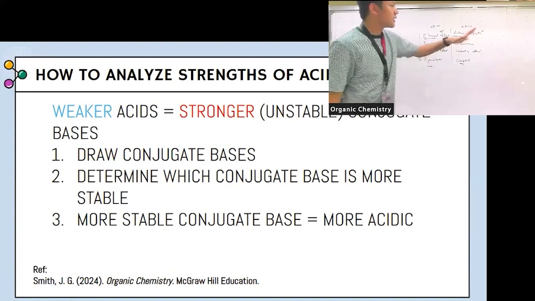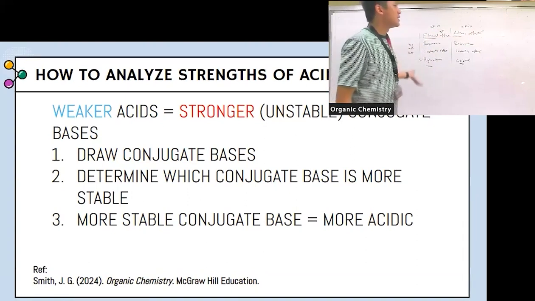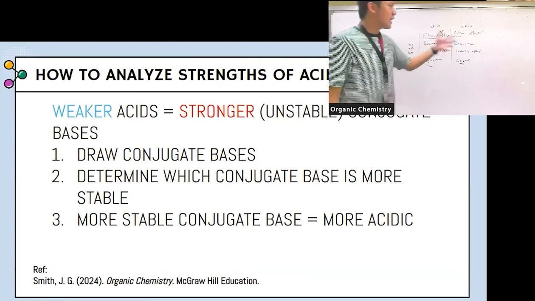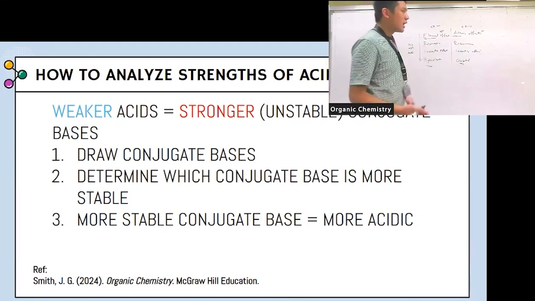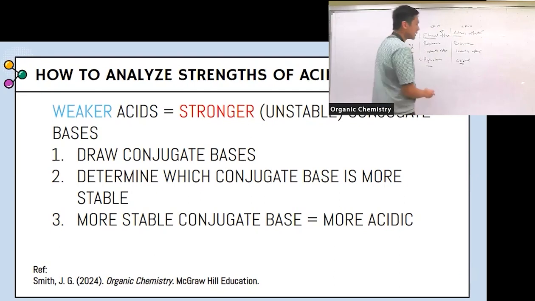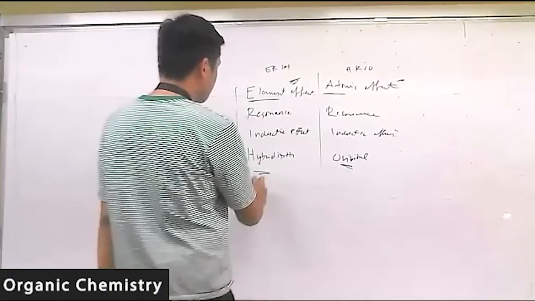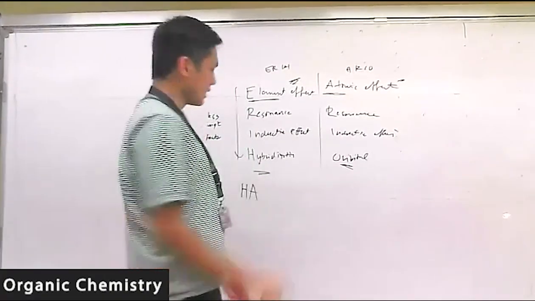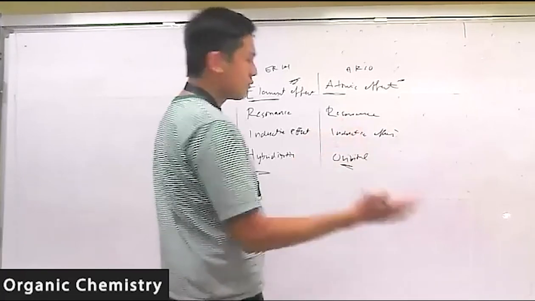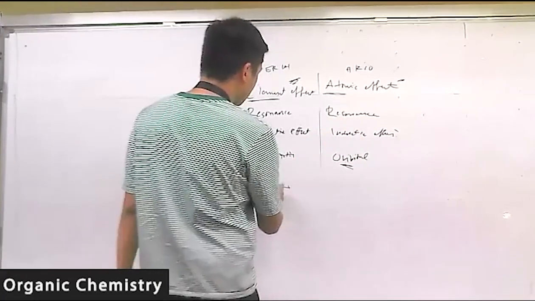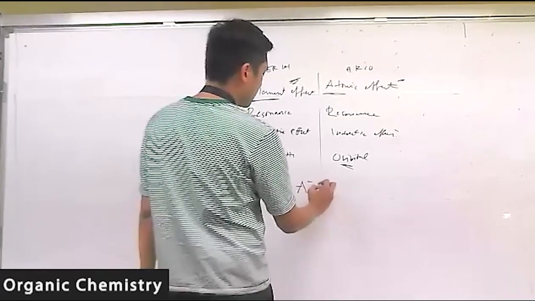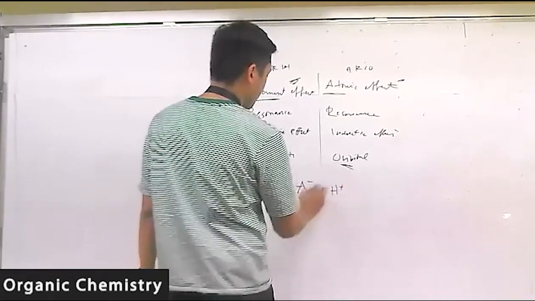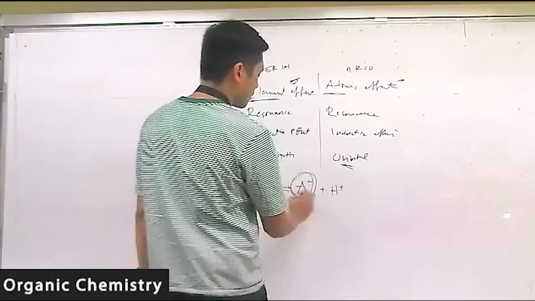Anyways, as I mentioned earlier, how do we analyze the strength of an acid? Tristan mentioned that first we have to draw the conjugate base. So for example, if I have an acid, let's call it HA. If I want to know the strength of this acid HA, I will draw its conjugate base, A minus, plus H plus. I will assess this conjugate base.